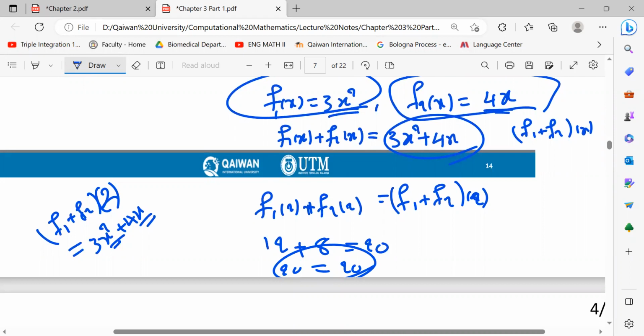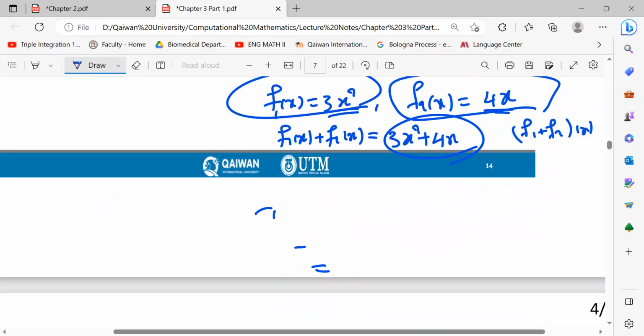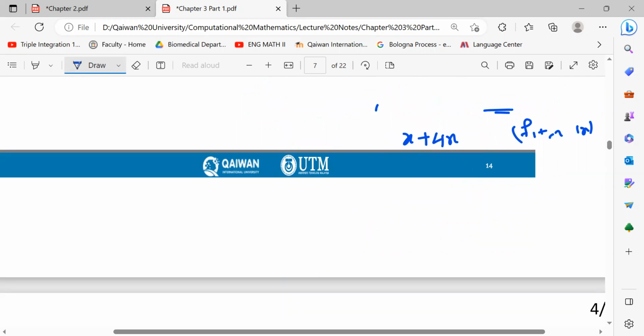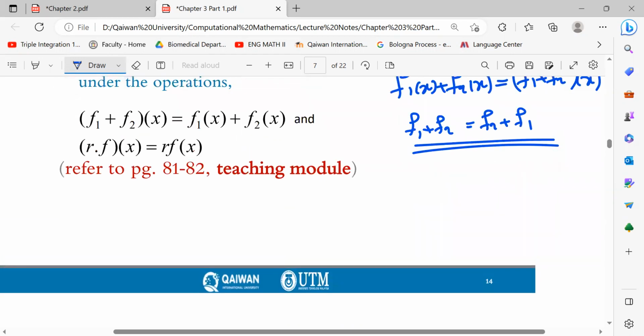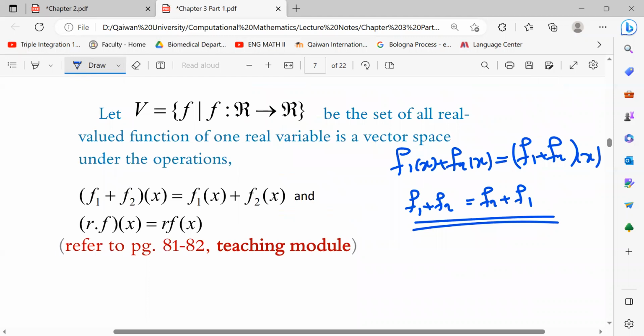Is the left-hand side equal to the right-hand side? Yes. It means it's closed under addition. So f1 of x plus f2 of x is equal to f1 plus f2 of x. This is the first condition, the first axiom. This is the second one.